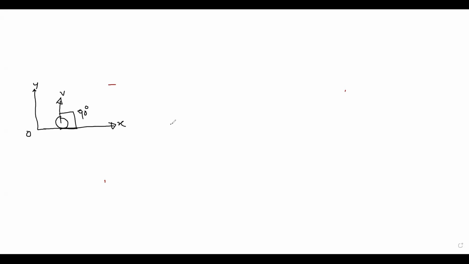Now, what if we throw the ball in this direction? The velocity is inclined at an angle theta with the x-axis. In this case, what will happen?